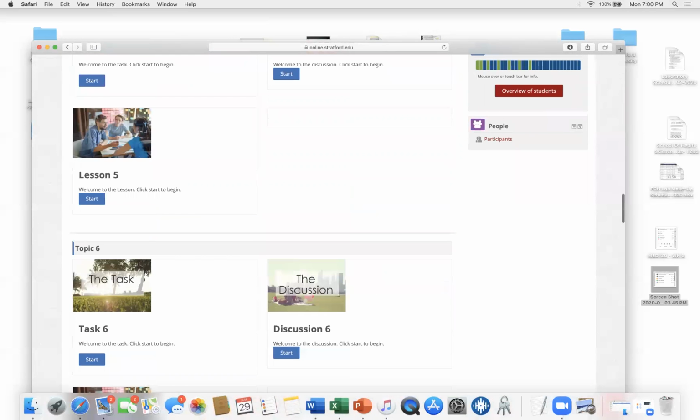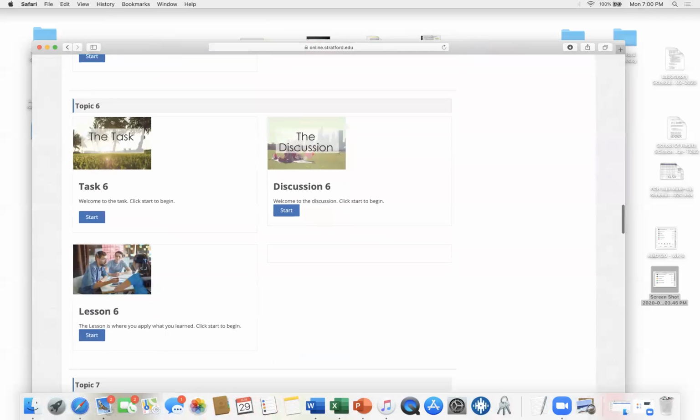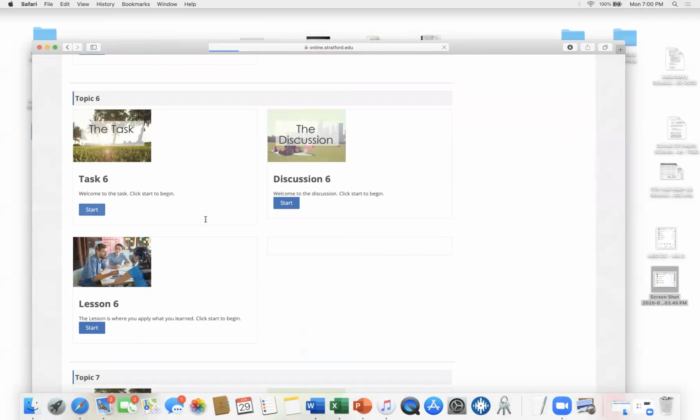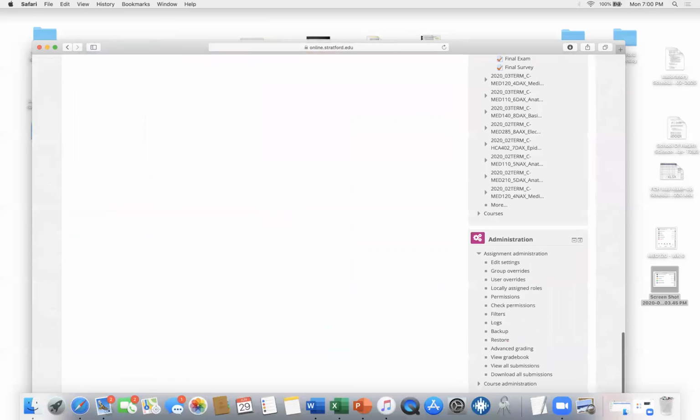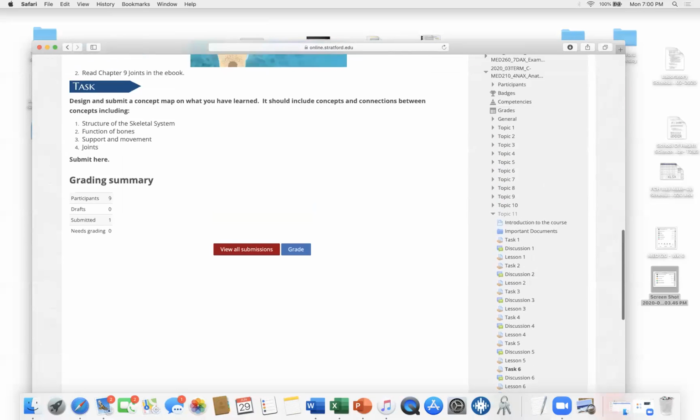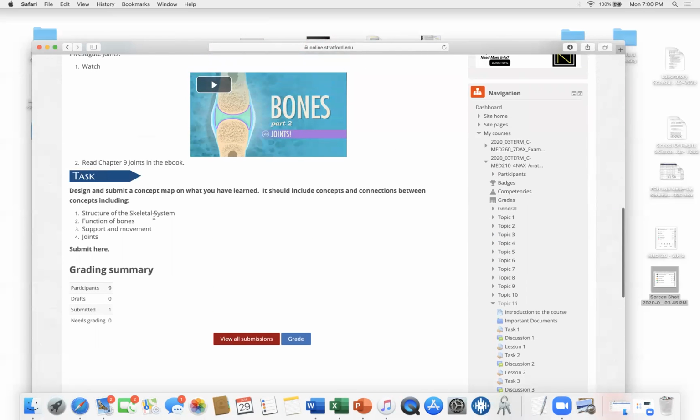So if you look at what your tasks are for next week: do your structure of the skeletal system concept map, function of bones, support, movement, and joints. I'm going to put up a separate lecture about your joints. I see several of you give me one for this, one for this, one for this.